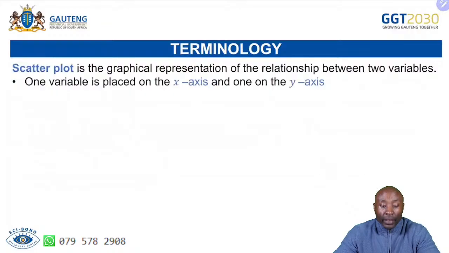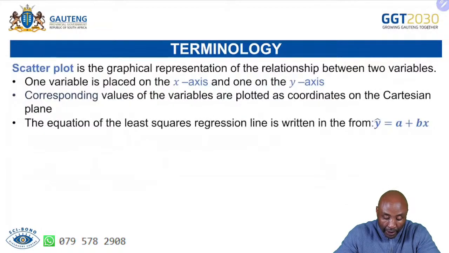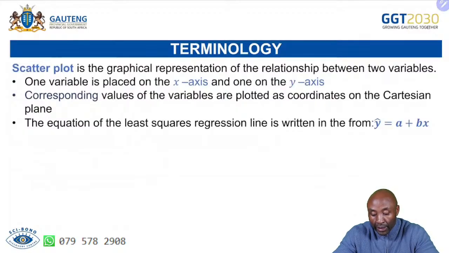We place one variable on the x-axis and the other on the y-axis. Now, we plot the corresponding values of the variables as coordinates on the Cartesian plane, and we use the equation of the least squares regression line, which is written as y hat is equal to a plus bx.